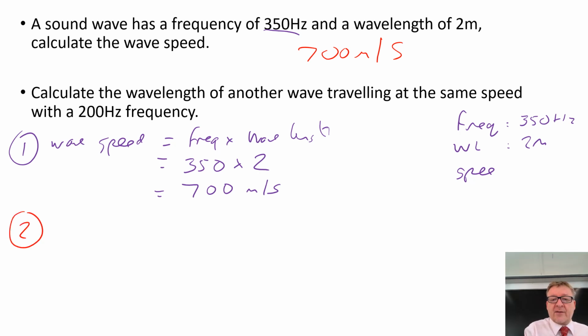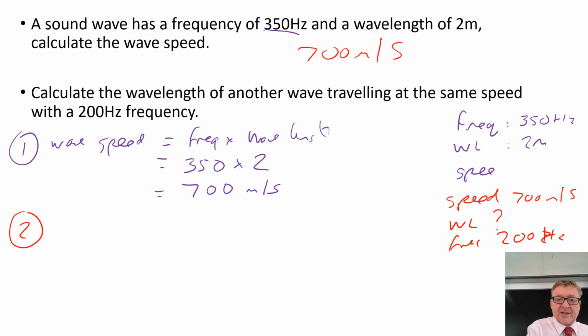Calculate the wavelength of another wave travelling at the same speed. So speed, my second one is 700 meters per second because it says it's the same speed, with a frequency of 200 hertz. So wave speed, I'm using the same equation again, so I'm just going to write it.